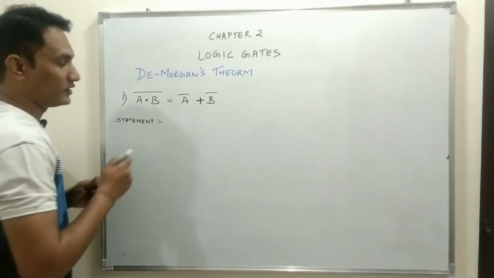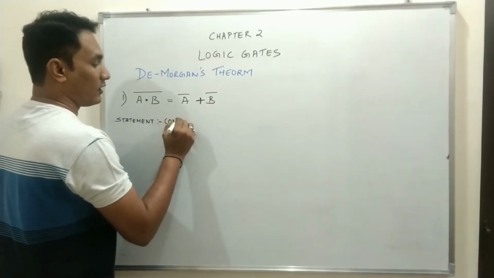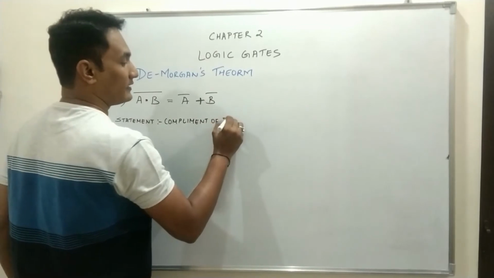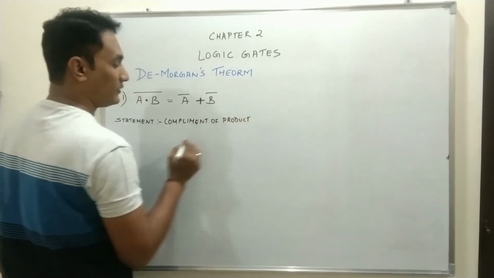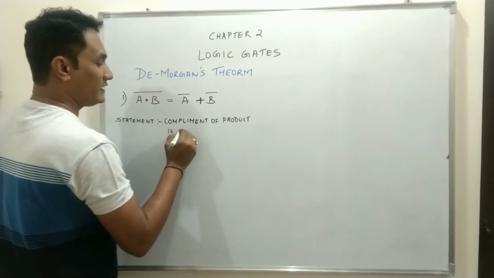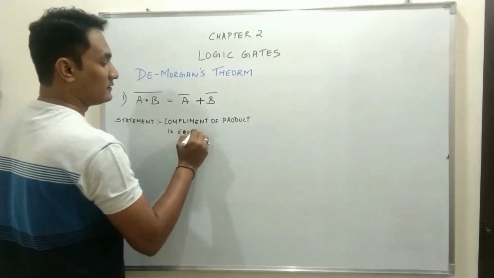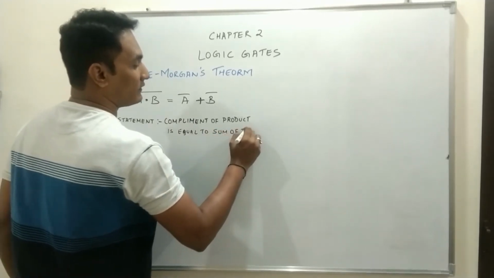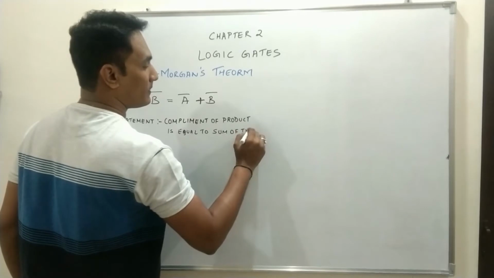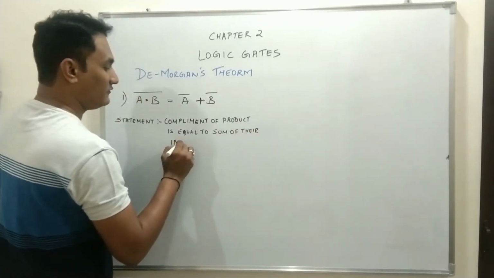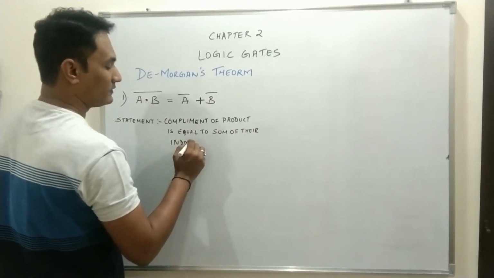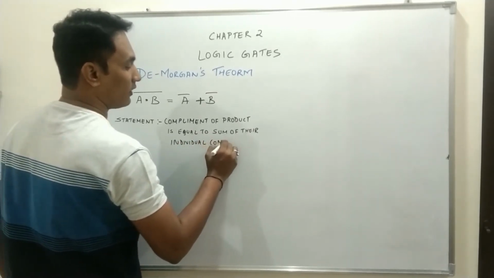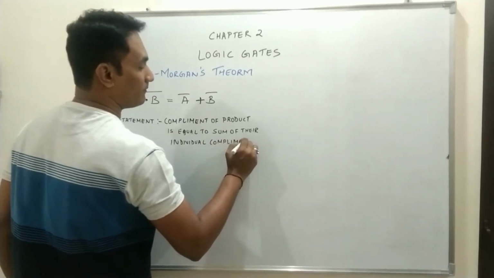So what will be the definition? Complement of product is equal to sum of their individual complements.